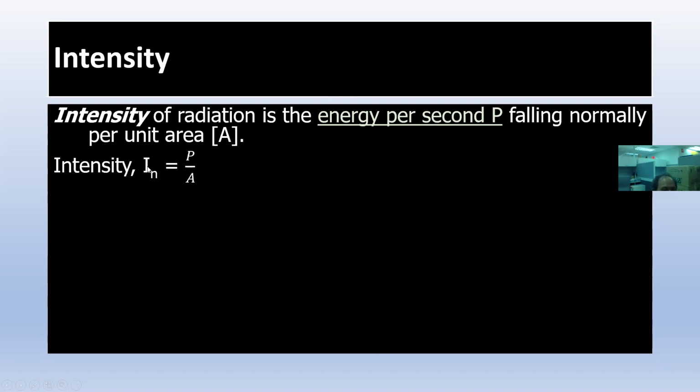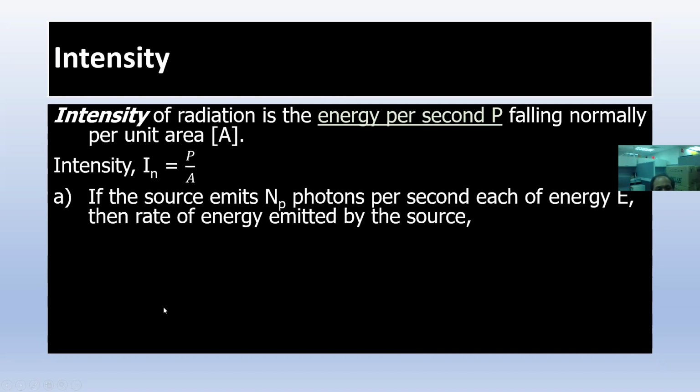Same, intensity is P over surface area. But we just modify it to include N_p, the number of photons per second, and the energy of each photon E. So P is total energy: this is the number of photons, this is the energy of each photon, and that's still the time. Total energy divided by time.